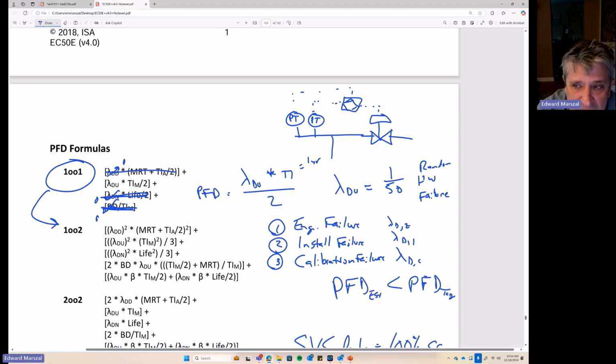Did putting in the second transmitter fix your human failure problem? No, because if your technician miscalibrates this transmitter, they're also going to miscalibrate the new one that you put in. They're going to do the calibration the same way on every device. And if it's wrong, they're going to mess up every device, common cause, 100% of the time.